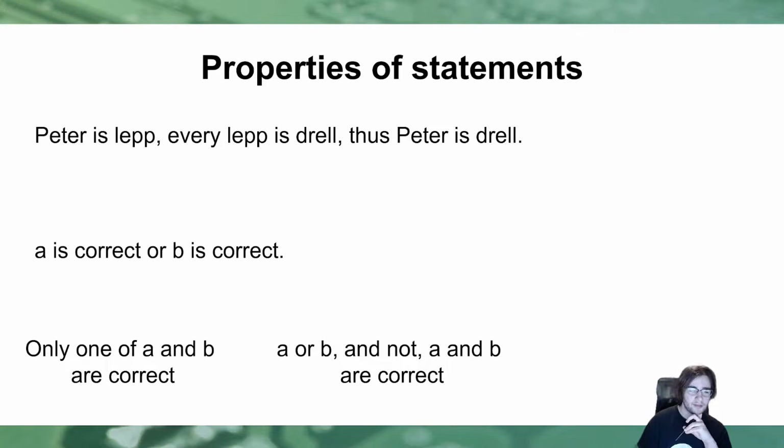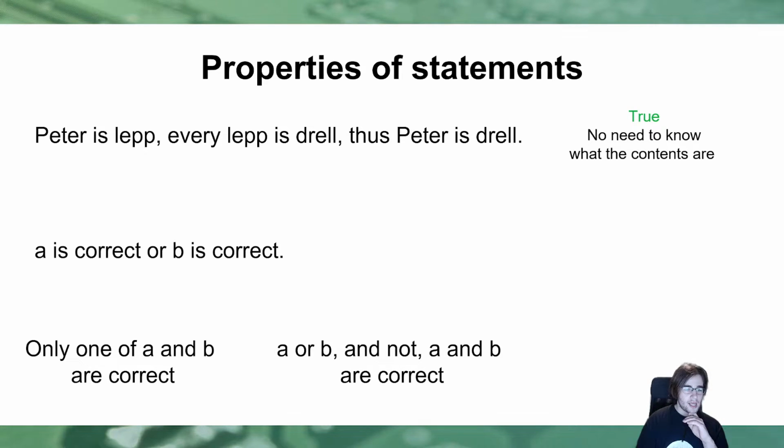I think most of you will have thought this is a true statement. Well, it in fact is, even though we don't know what lap is, and we also don't know what drell is. We do not need to know what exactly we are talking about. We don't need the details. We can establish true or false without knowing what lap is or what drell is. It doesn't matter for us.